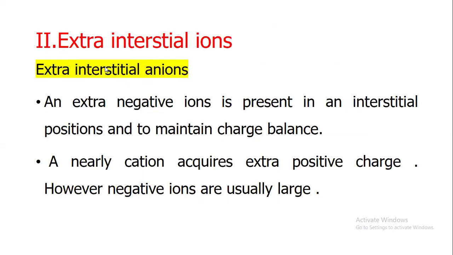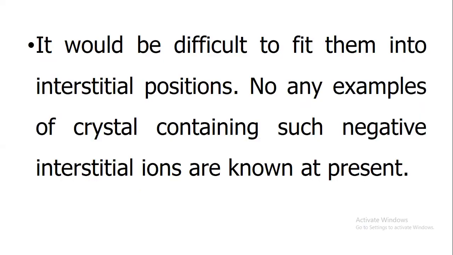Extra interstitial anions: an extra negative ion is present in an interstitial position, and to maintain the charge balance, a nearby cation acquires extra positive charge. However, negative ions are usually large. It would be difficult to fit them into an interstitial position.